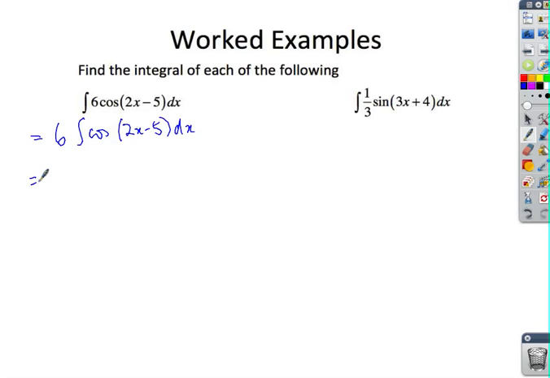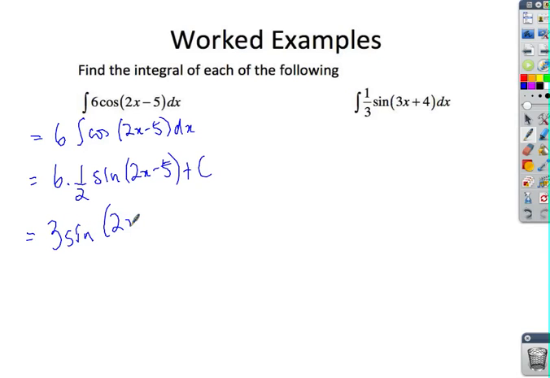The integral of cos is sine, so it's going to be 6 sine 2x minus 5. But because the argument 2x minus 5 is linear, we have to multiply by 1 over the coefficient of x. And again, don't forget plus c. And then this can be simplified to 3 sine 2x minus 5 plus c.